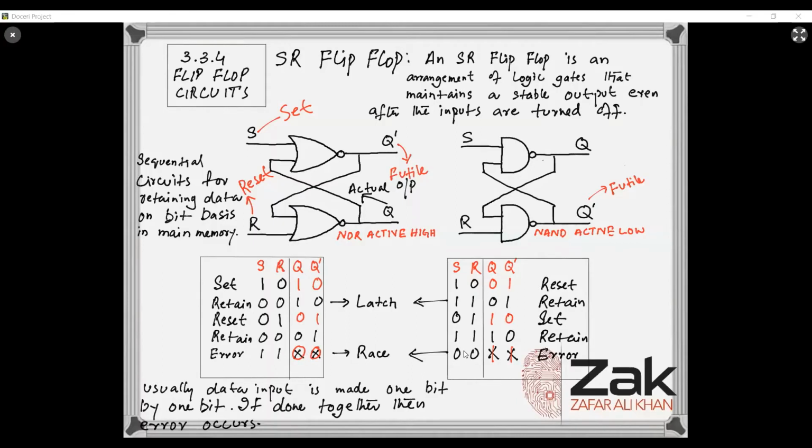In NAND based flip-flops, 1 is now retain, and 0 is now race or error. In NOR based flip-flops, 1 and 1 produces 0 0, which is race. And in NAND based SR flip-flops, when you put both zeros, the result is 1 and 1 instead of output, and that is an error which is regarded as race.